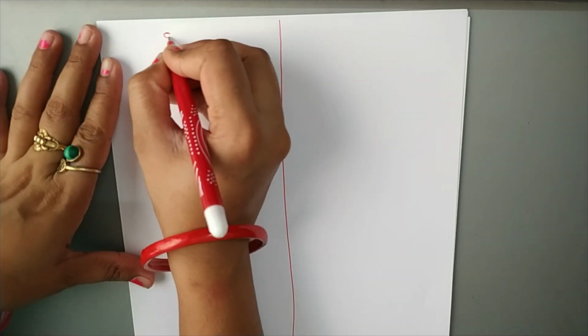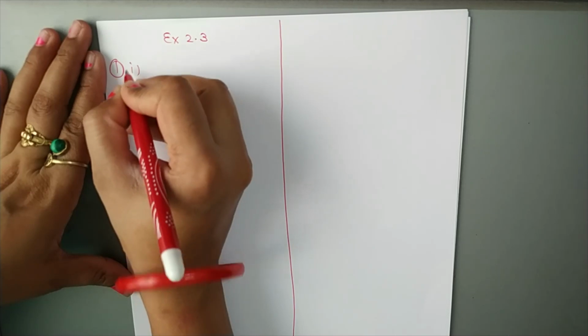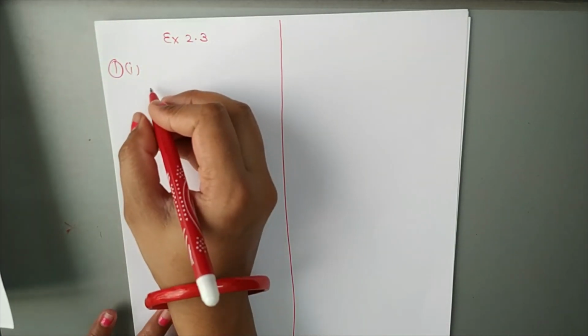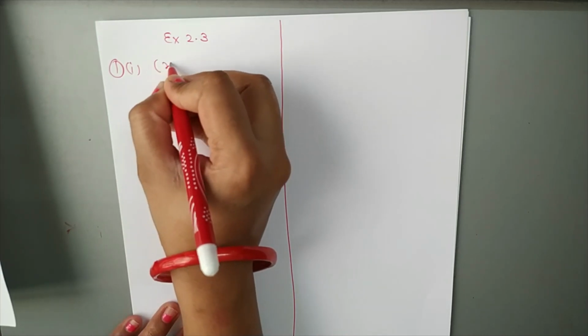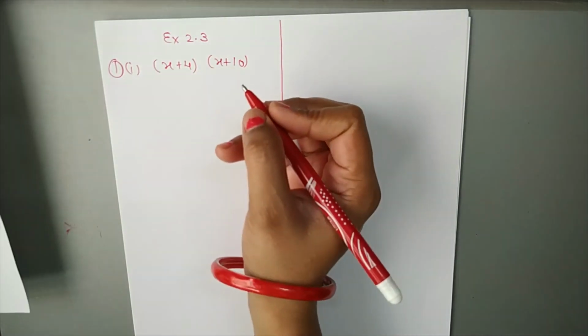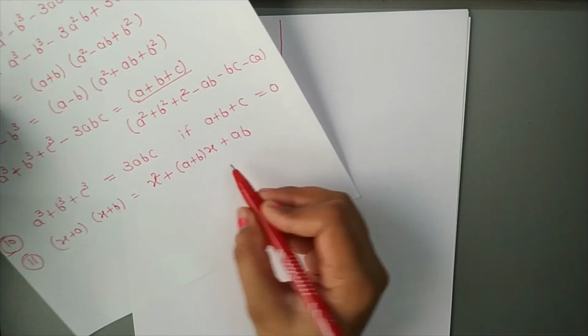Now move on to exercise 2.5, question number 1. First part, use suitable identities to find the following products. The first question is (x + 4)(x + 10). It is based on this identity, so you have to write that.